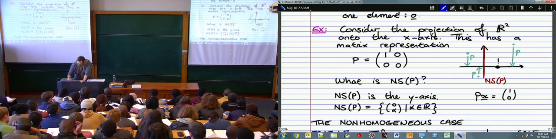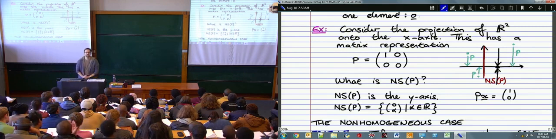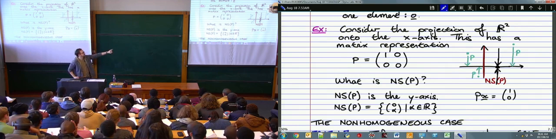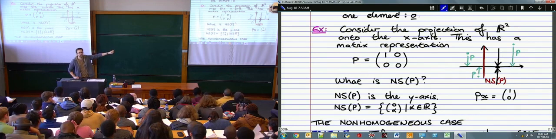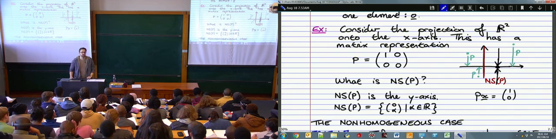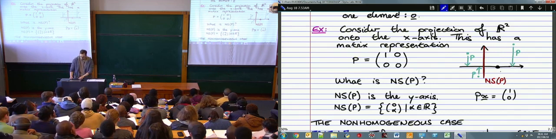Because this vector will be projected onto (1, 0), and this vector projects onto (1, 0), and this vector, and this vector. So there are a whole bunch of vectors that might all be projected onto the same place, all work with the same matrix P or A, the same output B, but then there may be many different solutions for that X.